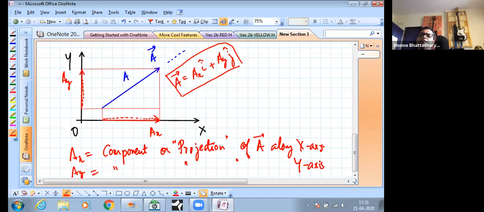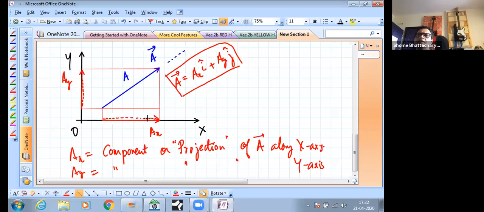Okay, so understood, given a vector A, how we are obtaining the projections Ax and Ay, or the components Ax and Ay, from the vector's base and from the vector's head, right? So this particular vector's base is over here and this particular vector's head is over here. So from the head and the base, what we are doing is we are dropping two perpendiculars. We are dropping a perpendicular from the head onto the x-axis, a perpendicular from the base onto the x-axis.